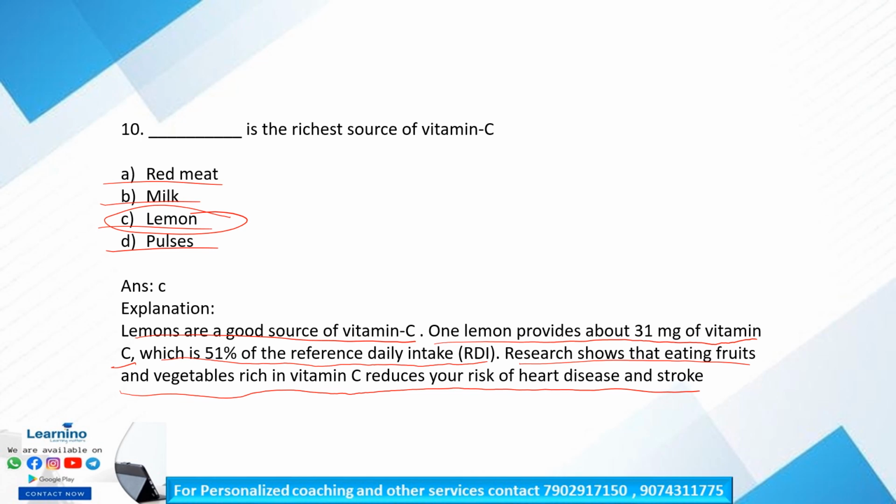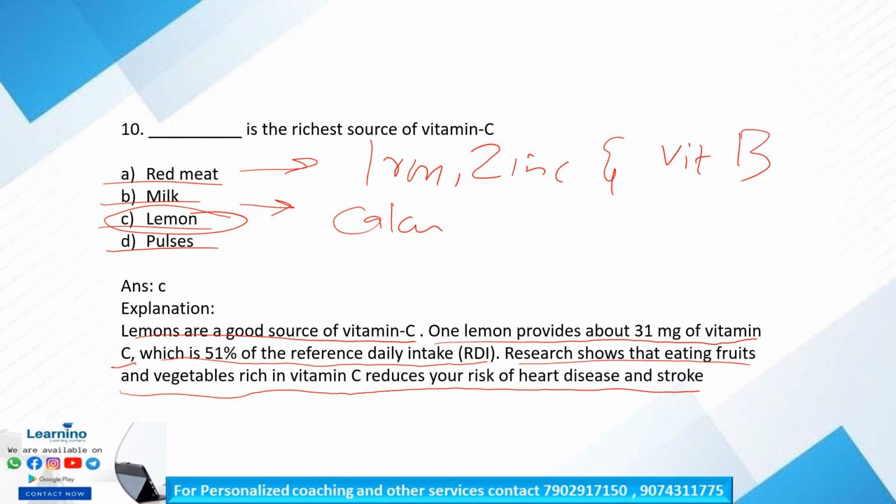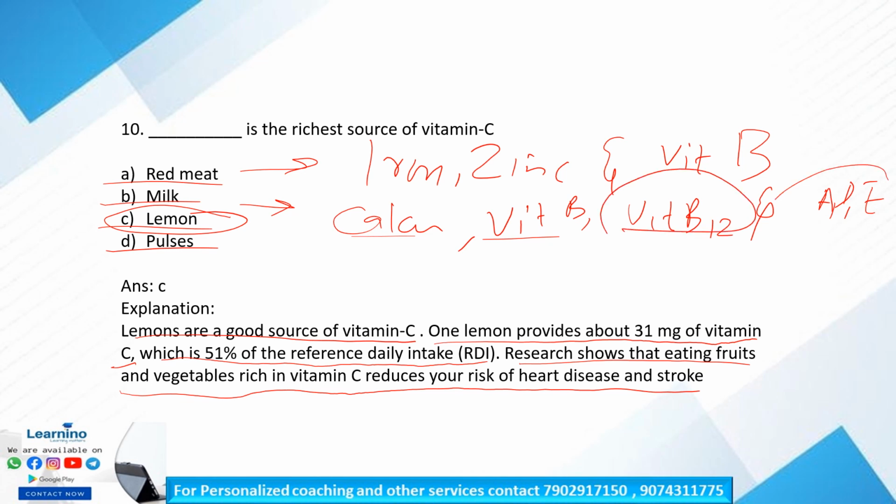So what about red meat? Red meat contains iron, zinc, and vitamin B. What about milk? Milk contains calcium, vitamin B, a significant amount of vitamin B12, and also fat soluble vitamins like A, D, and E. Clear?